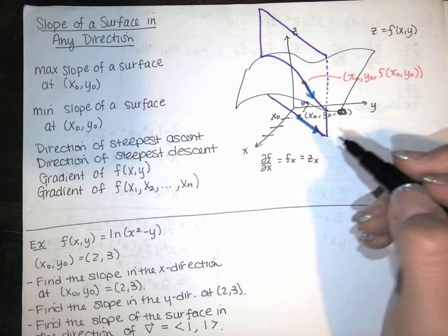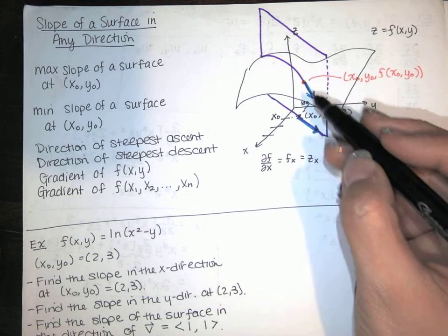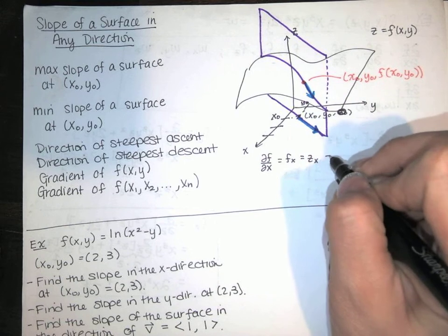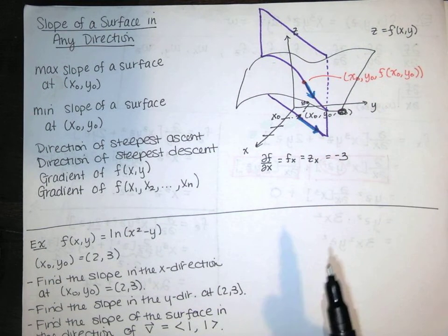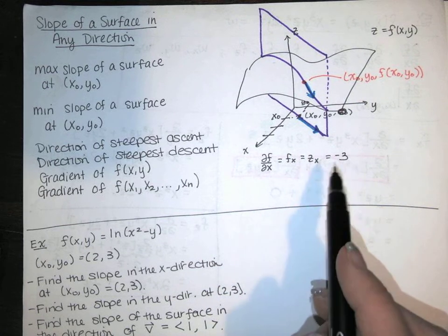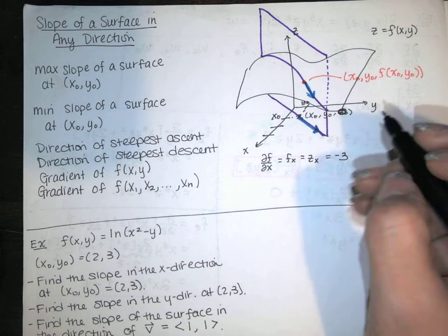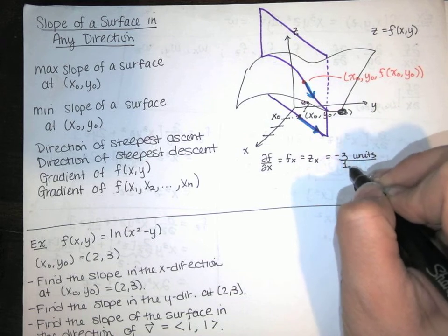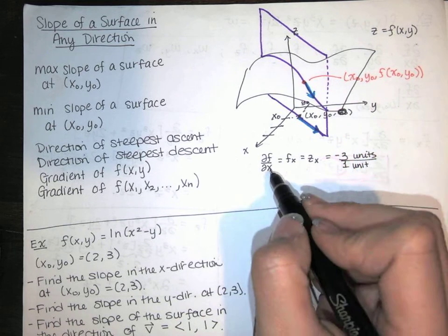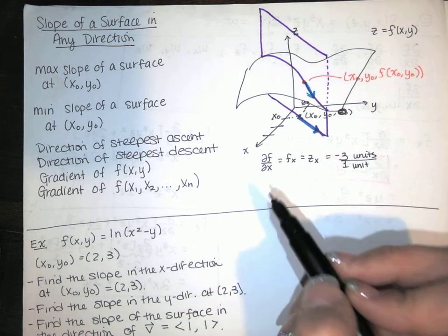For example, maybe the slope of the surface in the x direction right here is, let's say, -3. I don't know what it actually is, but let's say it is. Well, this tells me that z goes down by 1 unit for every 1 unit change in x, instantaneously at that particular point.